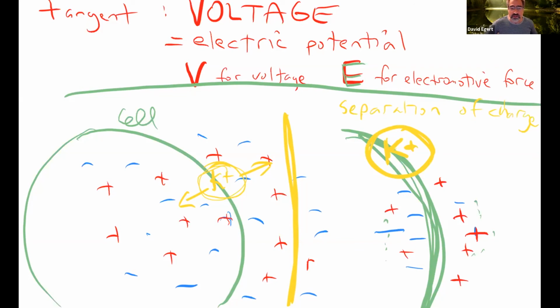Does it want to move into the cell or out of the cell? Into the cell. It wants to move into the cell because opposites attract. It's positive, so it wants to go into the inside where things are more negative. So in this case, we have a voltage across the membrane. You usually do it like this.